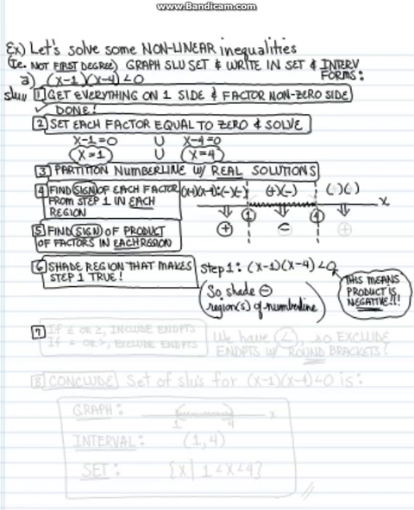Now let's consider the sign of these two factors, x minus 1 and x minus 4, for values of x between 1 and 4. Those are values in the second region. Let's choose the number 3. 3 lives between 1 and 4. If you plug 3 in for x in the first factor, x minus 1, it gives you 3 minus 1, which is a positive result.